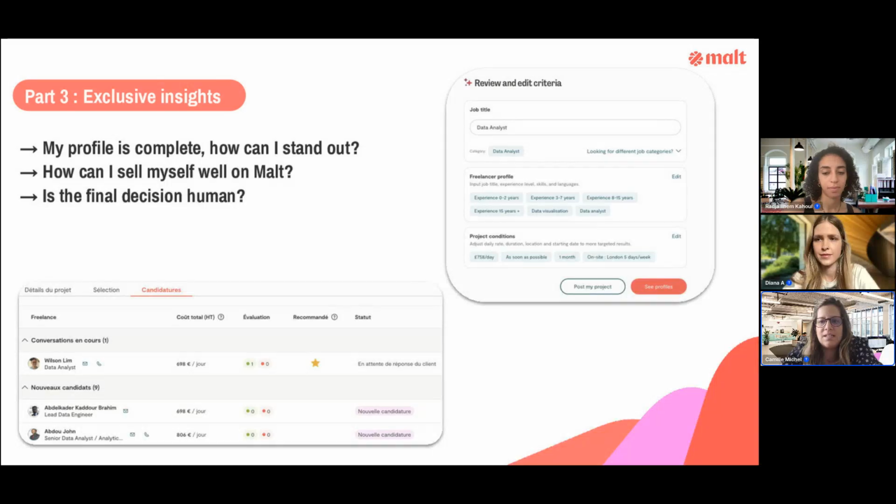Also, don't hesitate to include your freelance missions, because today on profiles we can see a lot of permanent work experience, but not really freelance projects.